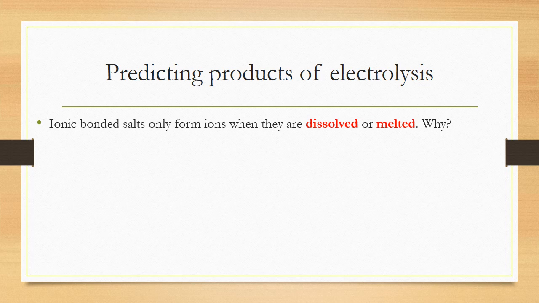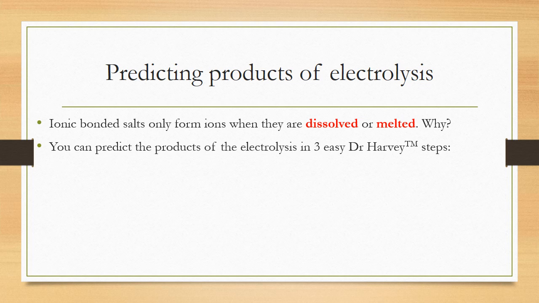There's no free charge to move around, but once you dissolve it, then the ions are free to move, and therefore movement of charges is going to be current, electricity. So they only form ions when they're dissolved because they break up the ionic lattice, or when they're melted because the energy again breaks up the ionic lattice. But when it's solid, it does not conduct.